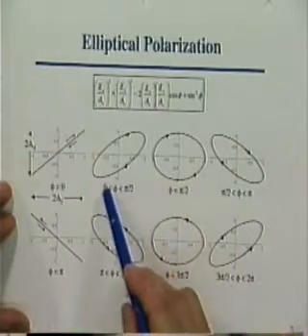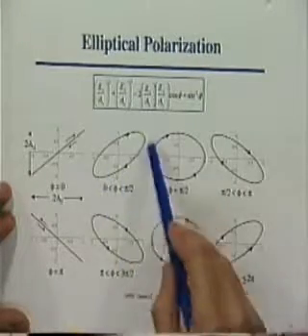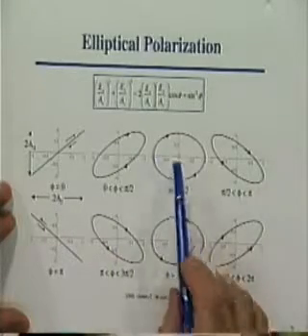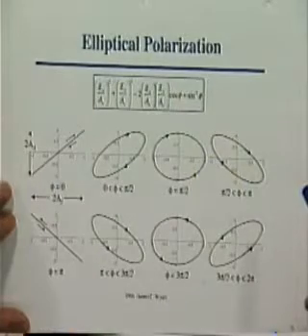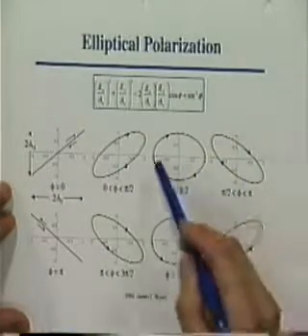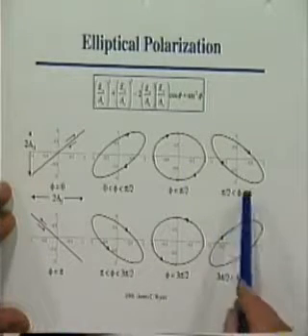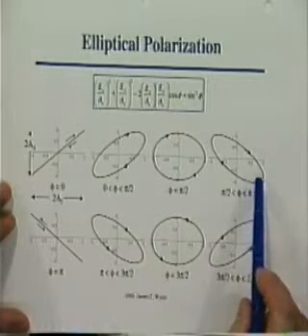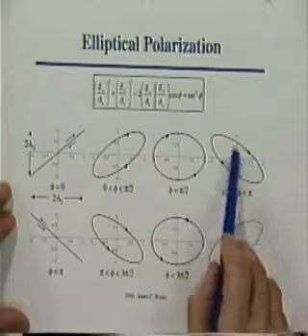For phi greater than 0 but less than pi over 2, we have elliptical at some angle here. And when phi was equal to pi over 2, the axes of the ellipse were lined up with the x and y axes, going around clockwise. Between pi over 2 and pi, we still had it going around clockwise, but with some orientation like this.